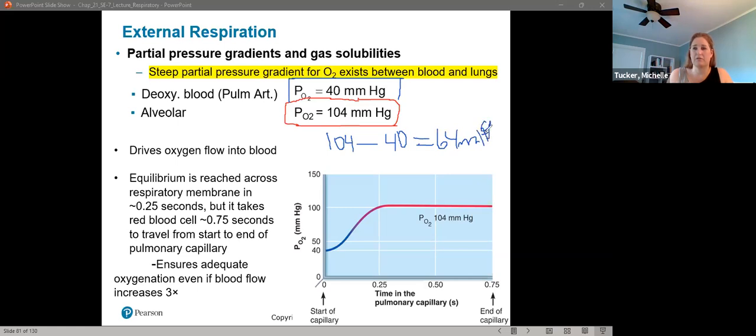That is large, and that's good because oxygen does not dissolve very well in the plasma. Only 1.5% of oxygen is dissolved. Most of it is carried in the red blood cell on hemoglobin, and that will keep this at 40, and then the high concentration of oxygen in the atmosphere keeps this high at 104.